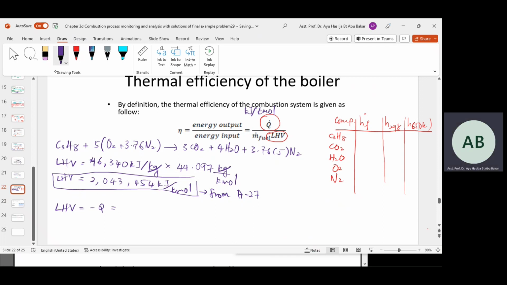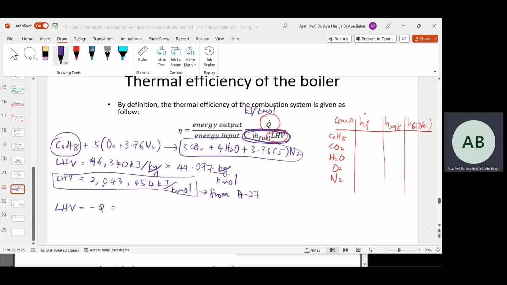For the LHV over here, we focus on the fuel. The fuel over here is the propane. Now this is the product. For the LHV, it is the amount of energy released when the fuel produces H2O in gas form, vapor form.